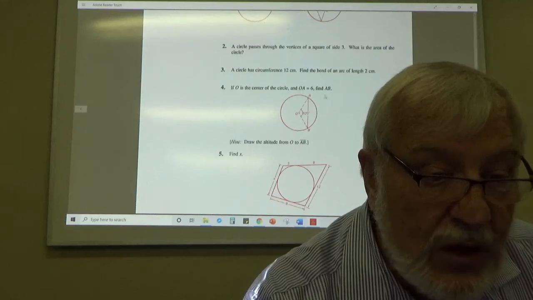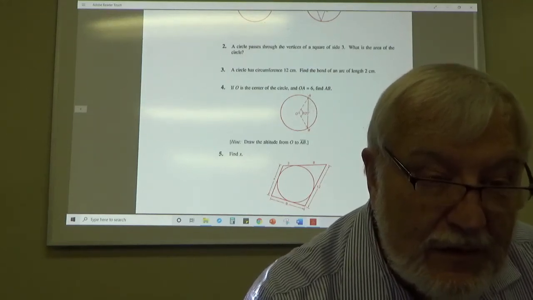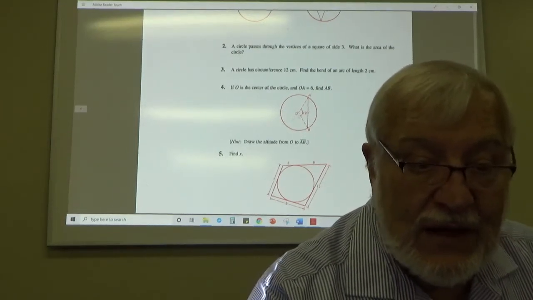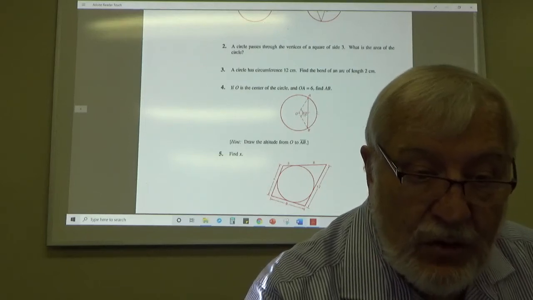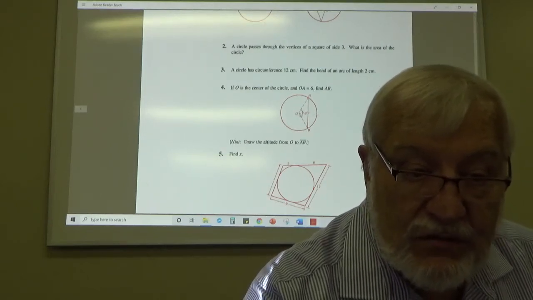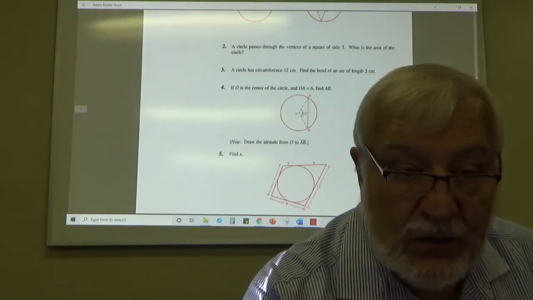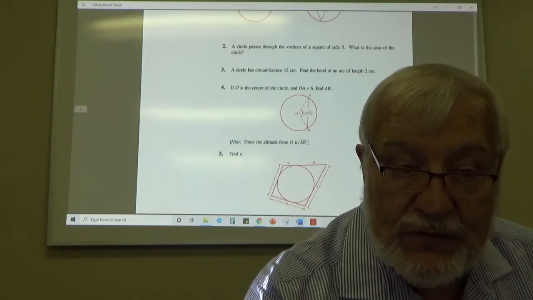Okay, circle at O. What is AB? All right, now this one we haven't got to yet, but a line that goes from here to here will cut through the center of this angle, cut it in half, and it will be perpendicular to that chord.